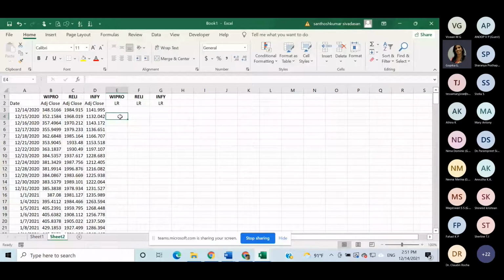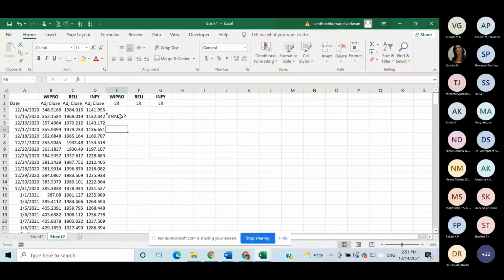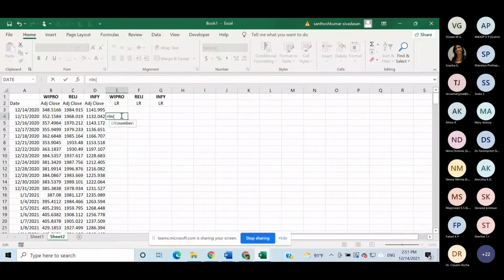Is equal to ln, today's price, Wipro's today's price divided by Wipro's yesterday's price. So this is the log return.